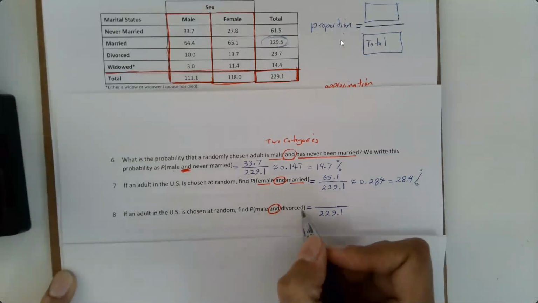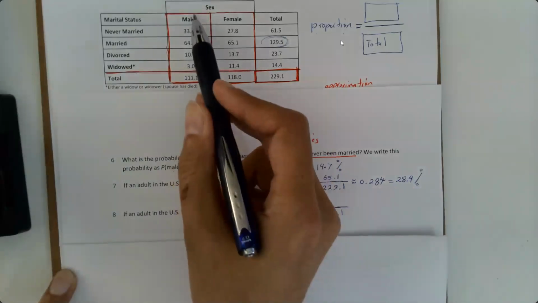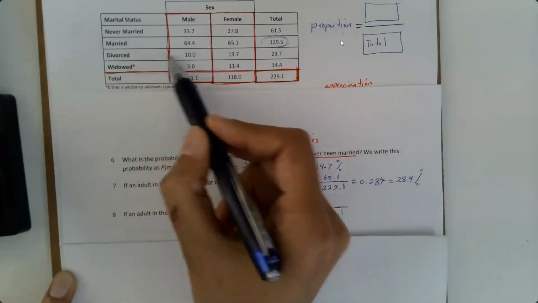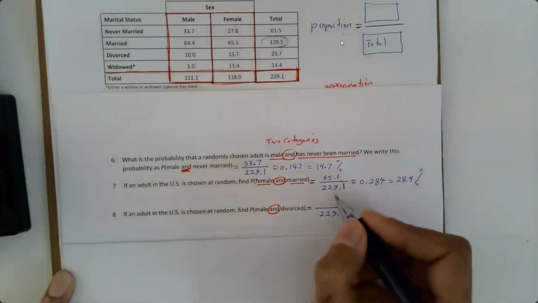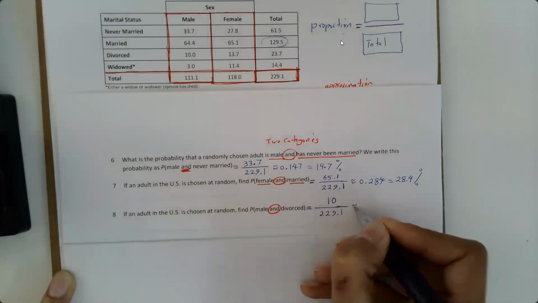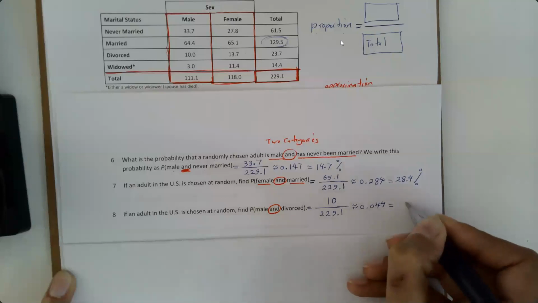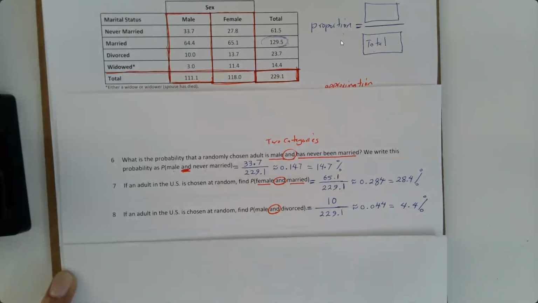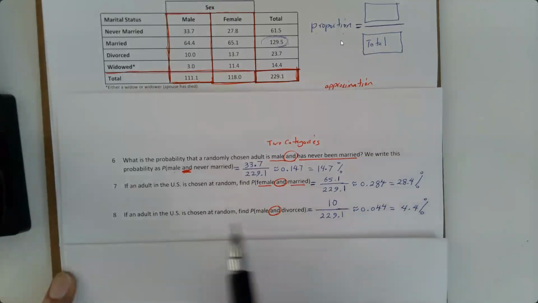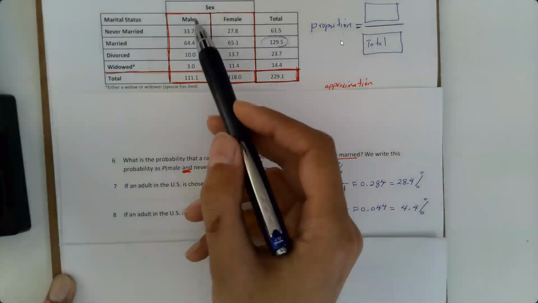Male and divorced, just 10. The approximation gives us 0.044 or 4.4%. There is a 4.4% chance that when you randomly select a person from the population, the person is male and divorced.